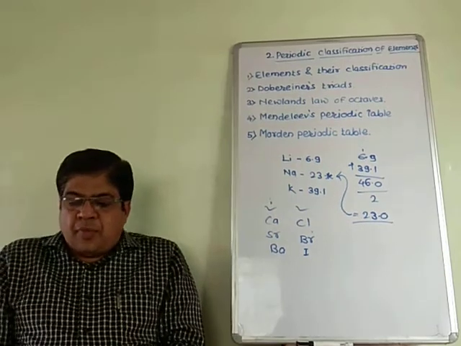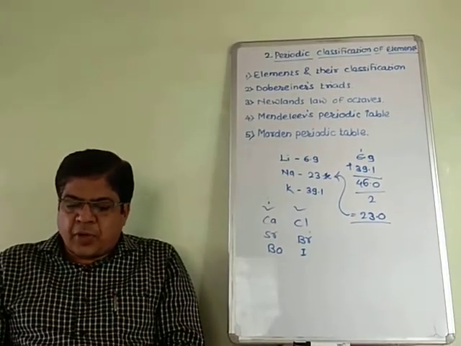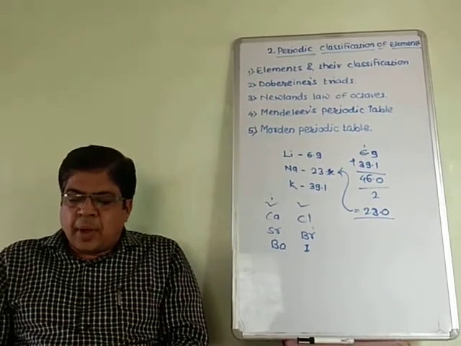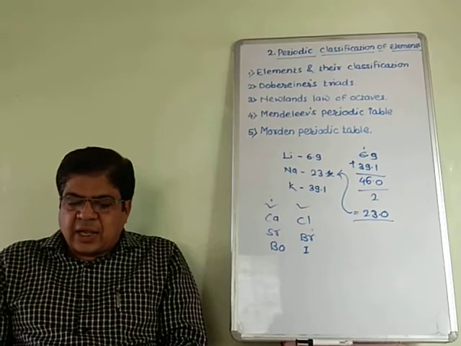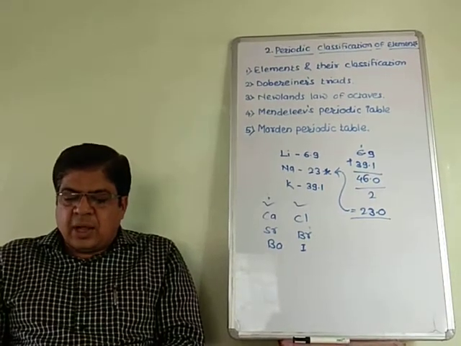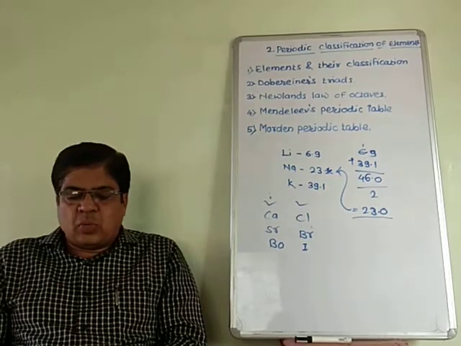The number of valence electrons in all the elements from group first, that is the family of alkali metals, is the same. Similarly, for elements from any other group, the number of valence electrons is the same.